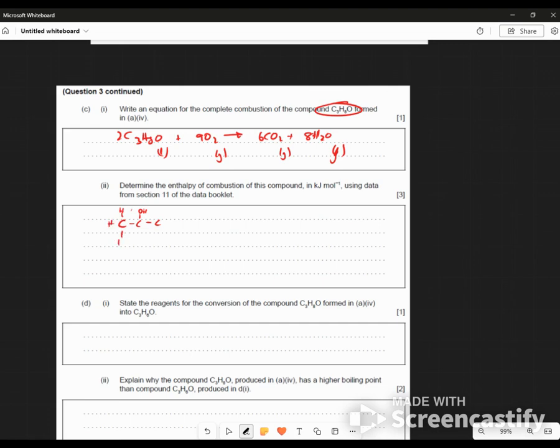So 1, 2, 3, 4, 5, 6, 7. So we're going to break 7 CH bonds. We're going to break a CO bond. And we're going to break an OH bond. We're going to break all of those bonds. Oh, and we're also going to break 2 CC bonds, aren't we? 2 CC bonds. I think that's the lot.